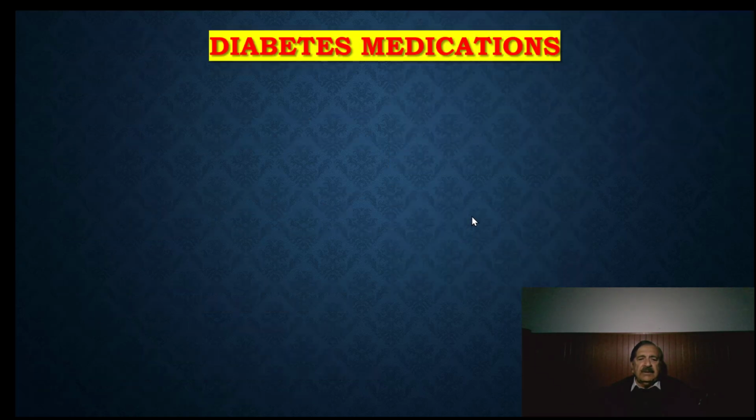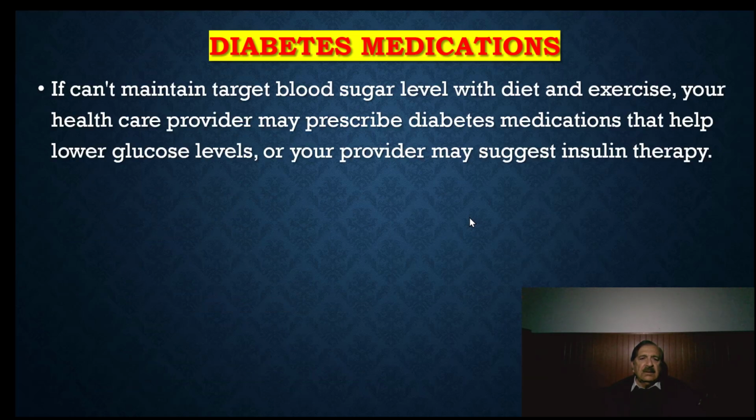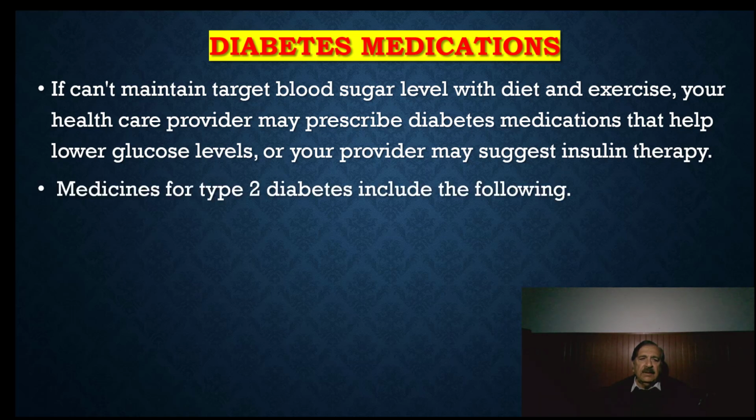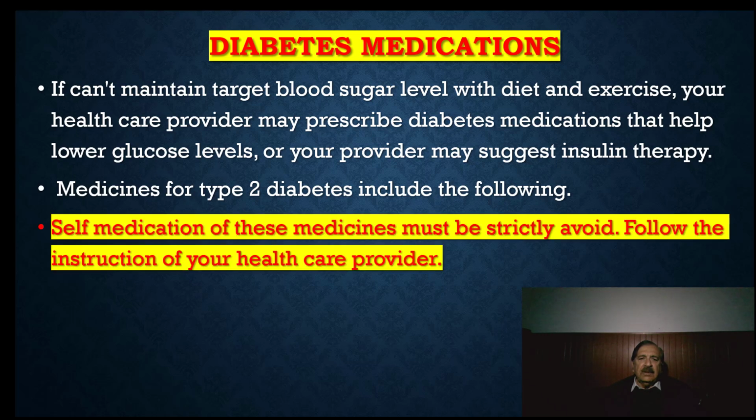Diabetes medications. If you can't maintain your target blood sugar level with diet and exercise, your healthcare provider may prescribe diabetes medication that helps lower glucose level, or your provider may suggest insulin therapy. Medicines for type 2 diabetes include the following.